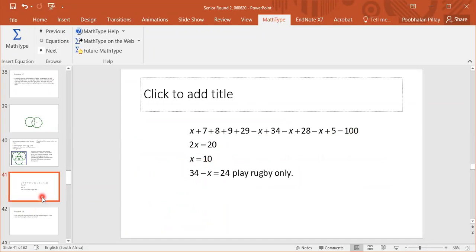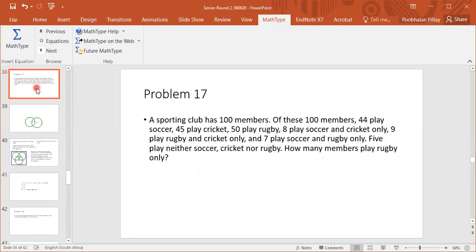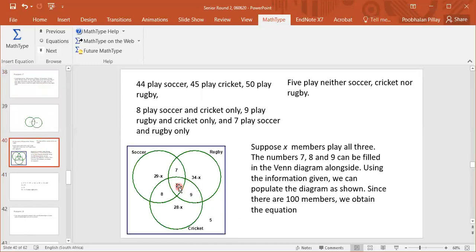Oh, but the question was actually, let's just get to this. How many members play rugby only, right? Not how many people play all three. I use a symbol for people who play all three. So my question is now, how many people play rugby only? I've got X, so I should be able to get everything else. X is, what did we say? 10.